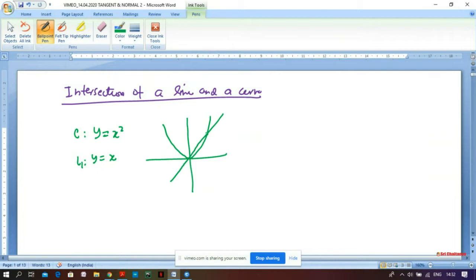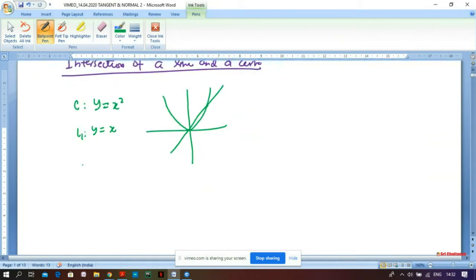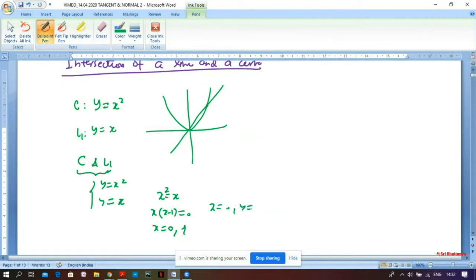What does it mean when we say find the points of intersection of this curve and this line? So this C and L1, if you want to solve simultaneously, it means you want the solution of y equal to x squared and y equal to x. If I equate them, I get x squared equals x. So x times (x minus 1) is 0. That is x is 0 or 1. When x is 0, y certainly is 0.